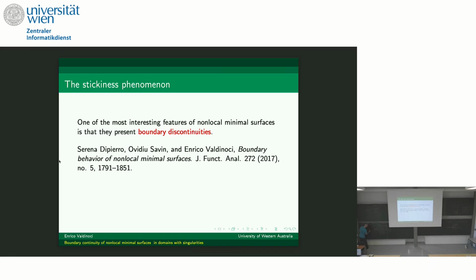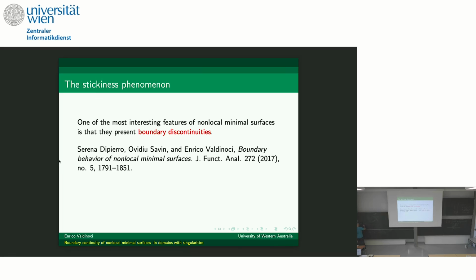Okay. And then the game for us was to list all the possible suspects and to rule out the ones that are not suitable for minimization. Now, one thing that we knew is that the Euler-Lagrange equation for s-minimal surfaces reads in a relatively explicit form.